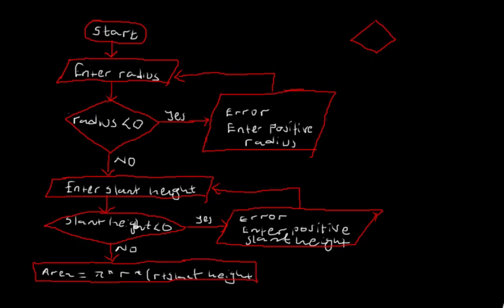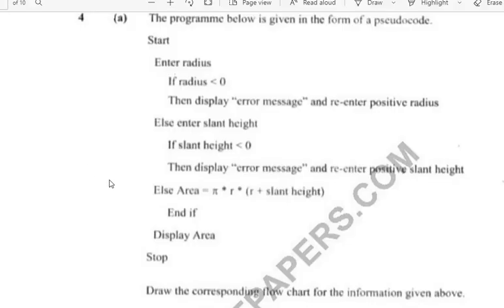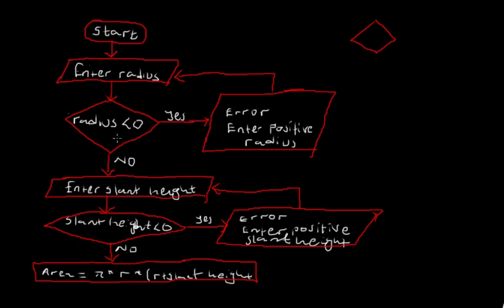And what follows from there? What follows is we end it and display the area and stop. So we'll have display area and stop. Displaying the area is an output. You're going to have an output of the area, so we need to use such a shape.